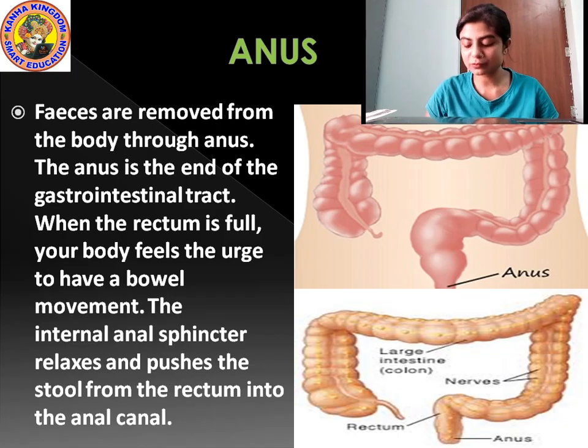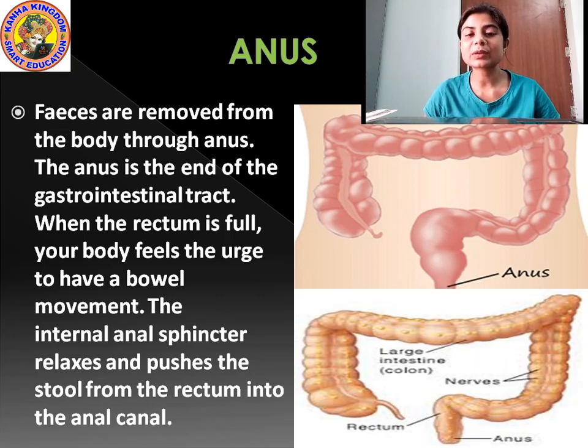So let us revise once from the beginning. First, the process of digestion starts in the mouth. The food that we eat, we chew in our mouth, and the chewed food breaks down into small pieces, which is mixed with the saliva, the watery substance in our mouth, secreted from the salivary gland, which helps in easy swallowing of the food.